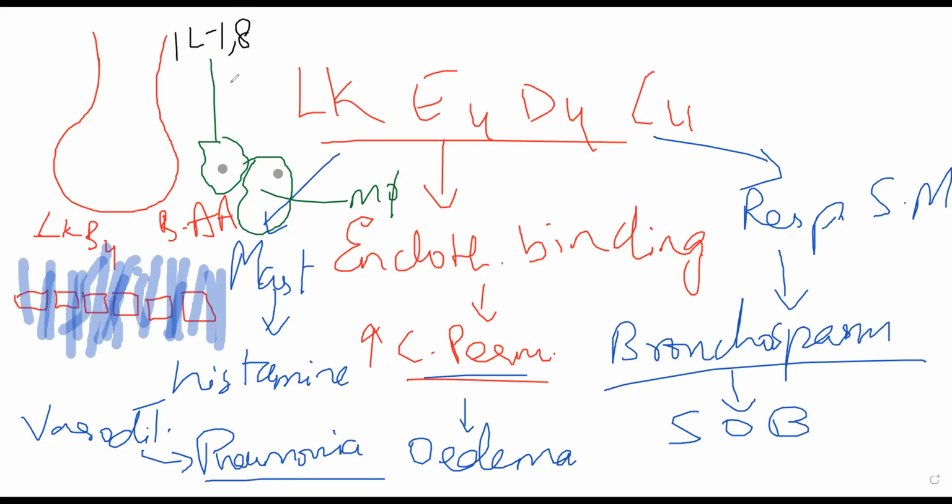IL-1 and IL-8 especially are responsible for chemotaxis. Chemotaxis, why is it important? If you remember in inflammation, I told you once a macrophage comes inside the tissue space, it will be attracted towards the bacteria because of certain chemicals which cause chemotaxis. The meaning of chemotaxis is that if other macrophages come, they will start getting attracted towards the bacteria.